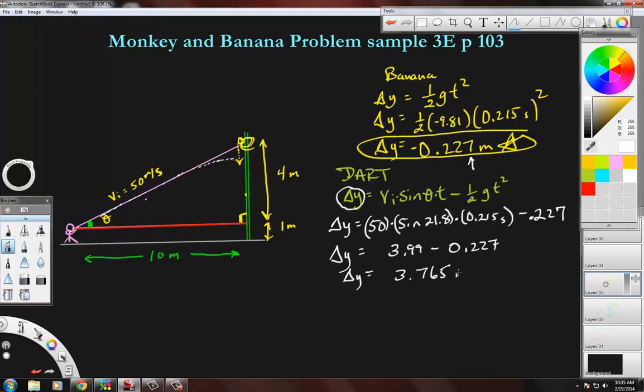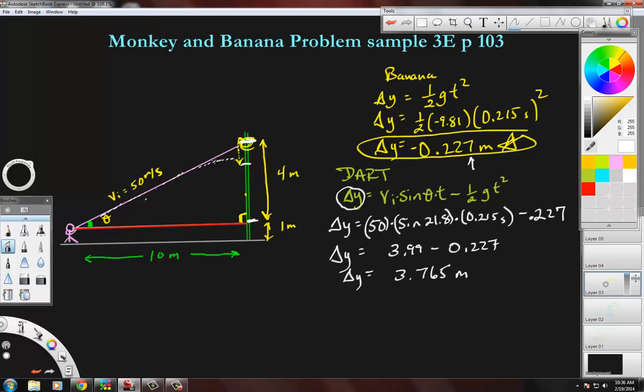All right, and that's meters. What that means is this monkey is 4 meters up from here to here. Well, the banana only falls 0.227 meters, which is like, let's say it's right there. That's exaggerating a lot. It would be way less than that.